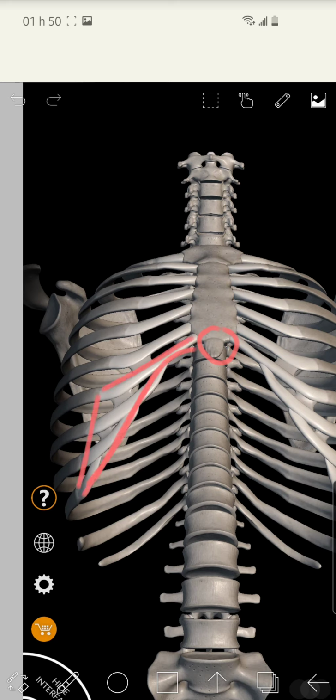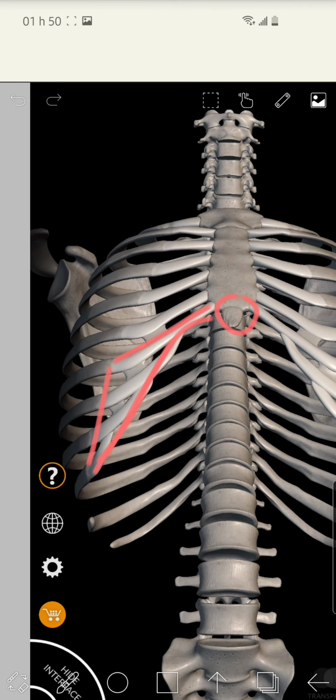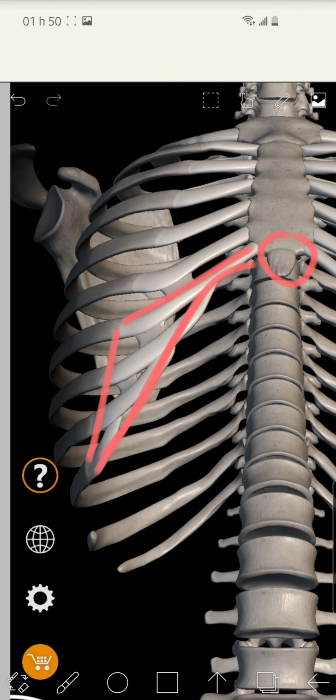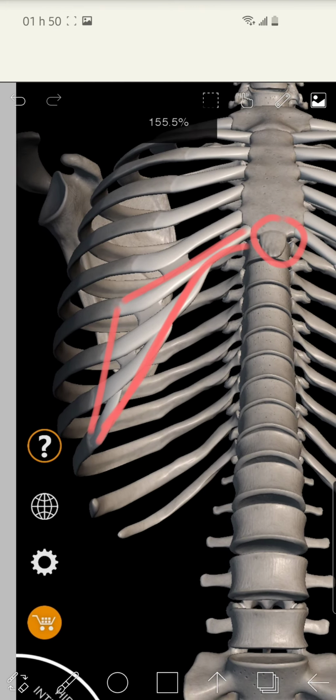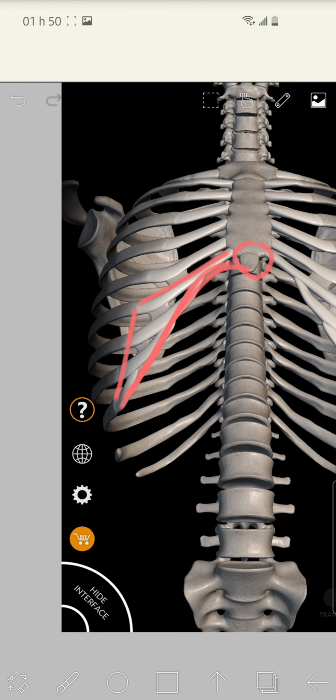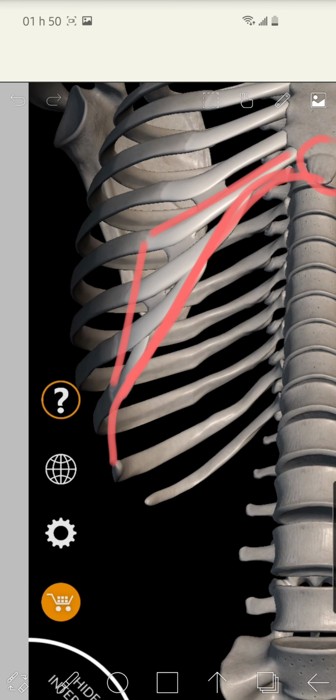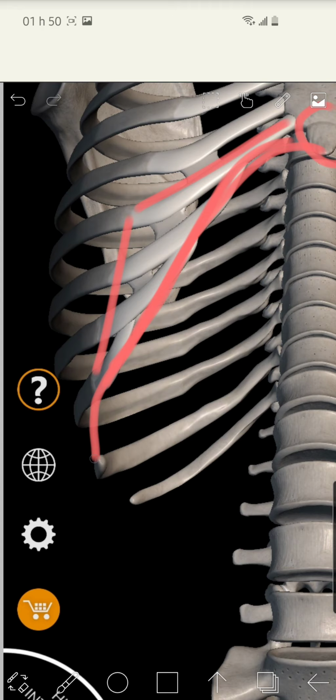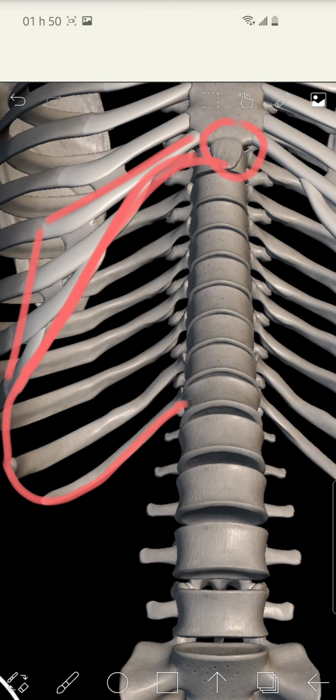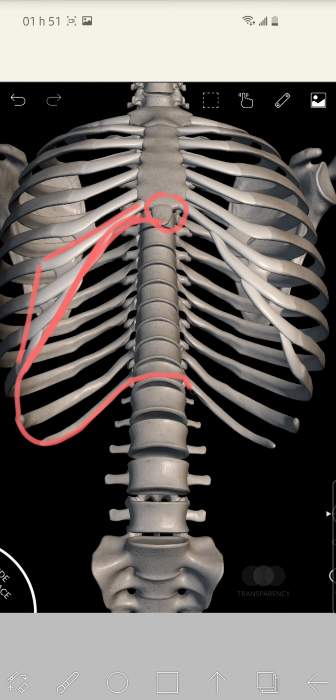We're going to be talking about it in another video in detail where I'm going to discuss the ribs. And then we have the inferior edge of the 11th rib. And then we have the 12th rib. And then we have the T12. And so this is the outlet.